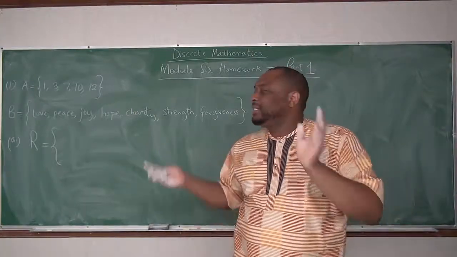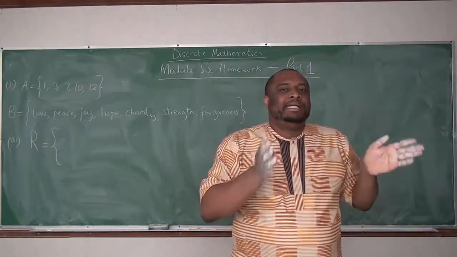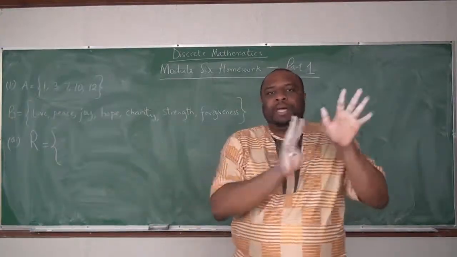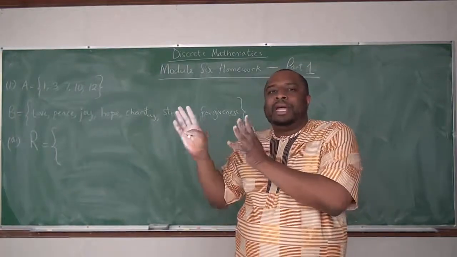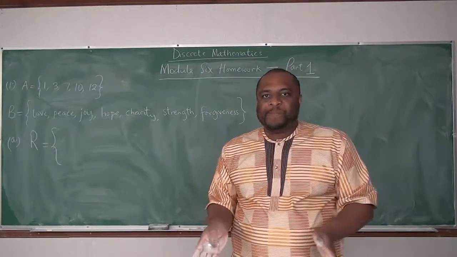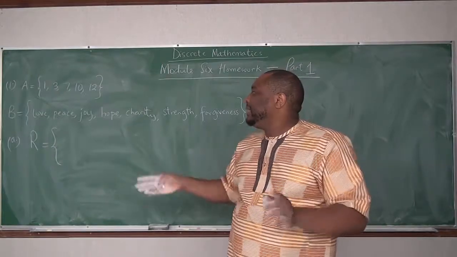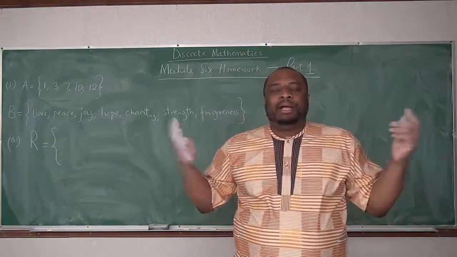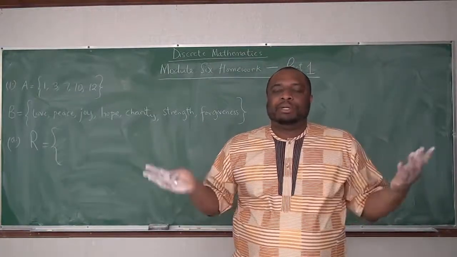Because the relation is defined from A to B, the elements of A will be our input, while the elements of set B will be our output. In this case, I will just write it as a 1-2-1 function.